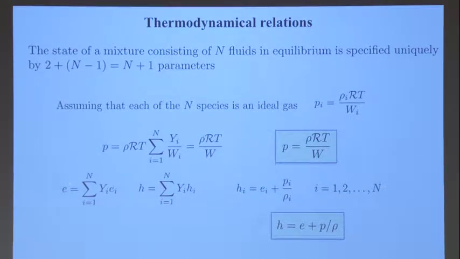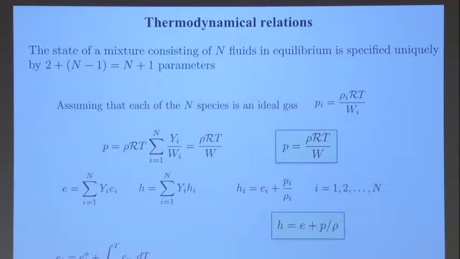So, for example, the internal energy E of the mixture is going to be the mass-weighted internal energies of species I. So it's EI, YI, summing over all N. Same thing for H: it is the sum of YI, HI, summed over all N. And since each species is an ideal gas and it satisfies EI plus PI over rho I, then if you sum over all I and you use this relation, clearly you get that also the mixture satisfies this relation. So the relation between internal energy, enthalpy, pressure and density is given here for the mixture.